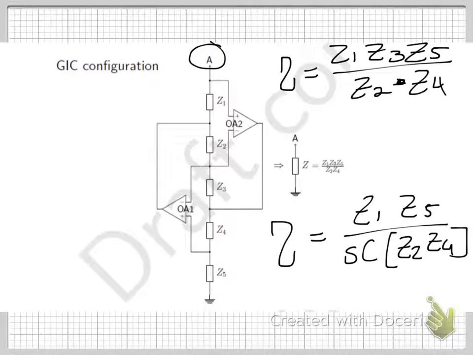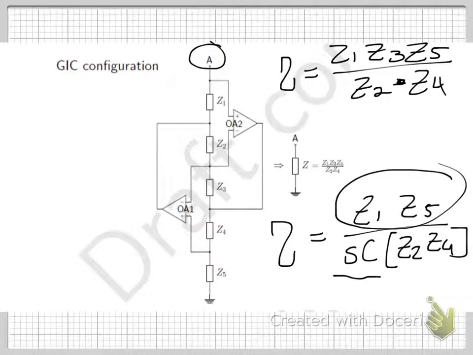So basically what your circuit sees is this capacitance being multiplied by this factor. So therefore you can use a very small capacitor and it can be seen by the circuit as a large capacitor.